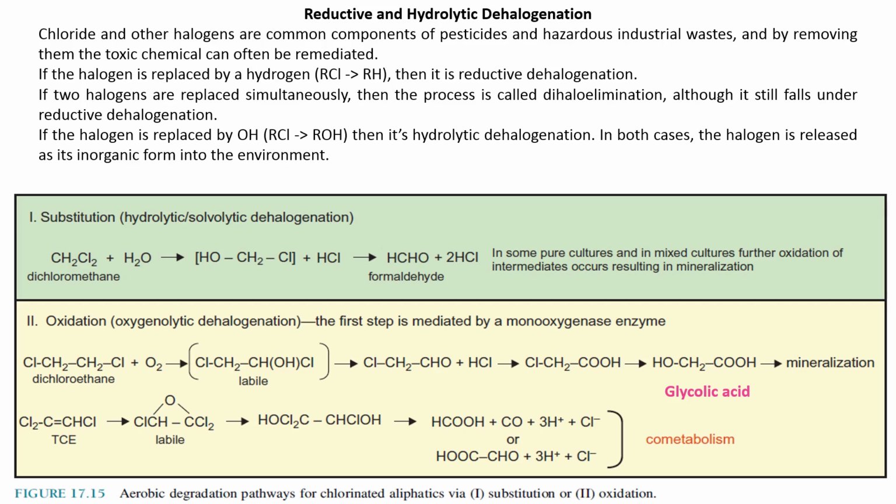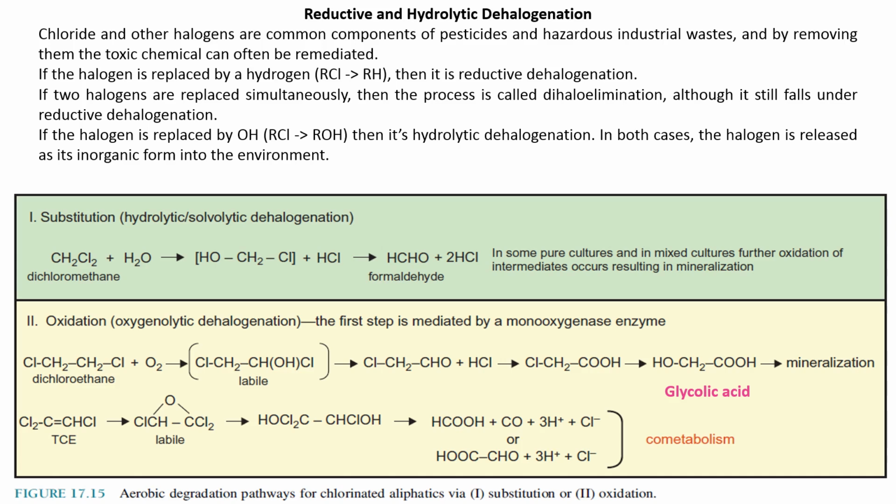Okay, so the third method by which a microbial cell deals with an organic pollutant is reductive and hydrolytic dehalogenation. Most of the organic pollutants are called persistent because they have a halogen such as chlorine or bromine or fluorine. Because these halogens are inert, they make it very difficult for hydrolysis and breakdown.